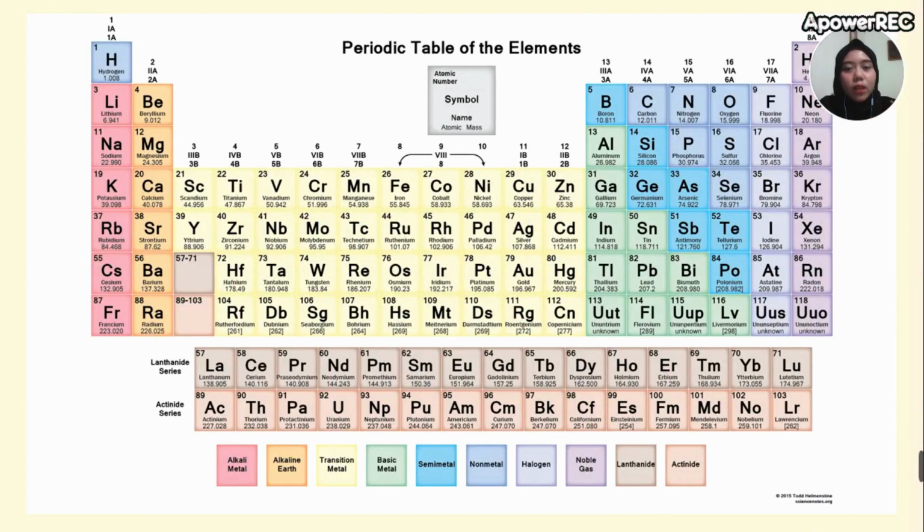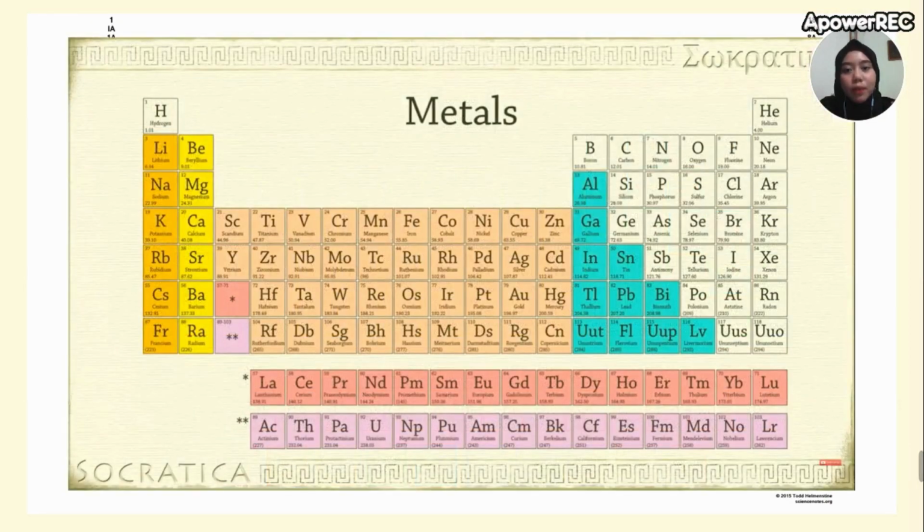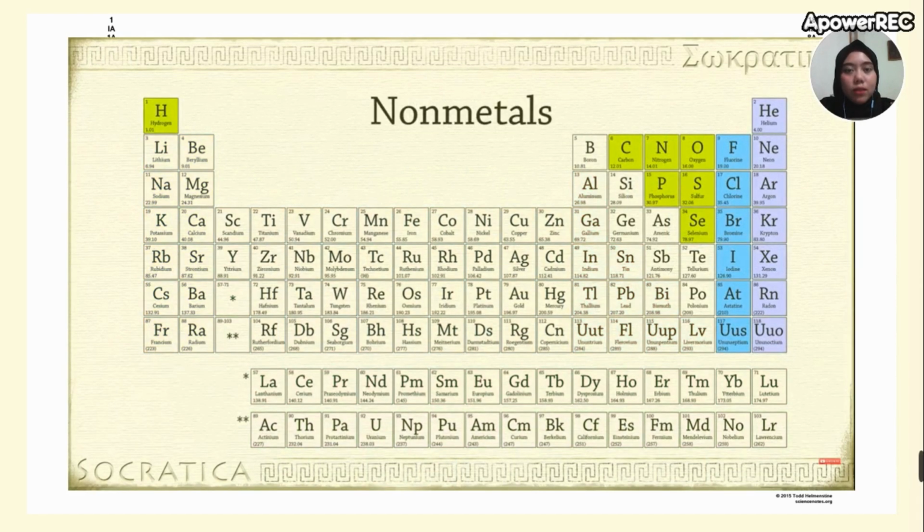And then, in the periodic table, there are certain colors which represent the distribution of its properties. First is metals. Metals can be found on the left side and the middle of the periodic table, and are typically shiny and good conductors of heat and electricity. And then next is nonmetals.